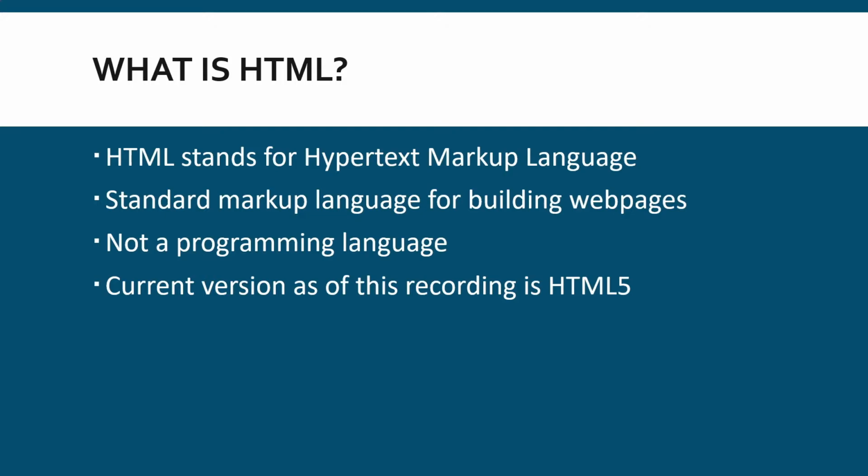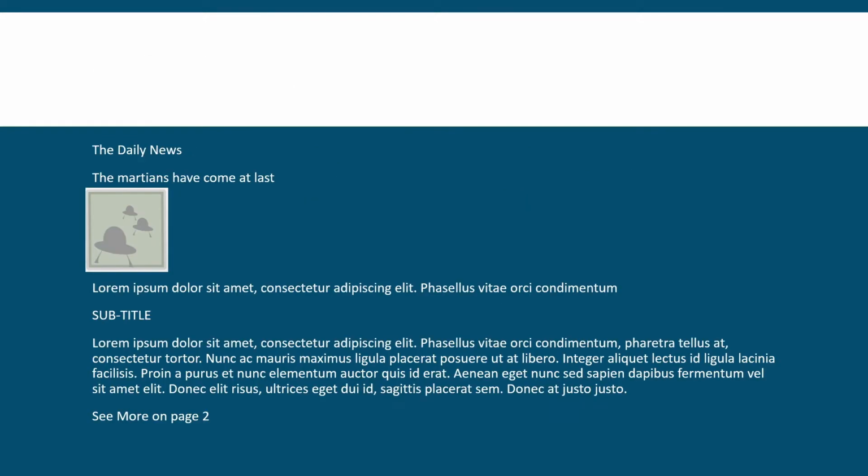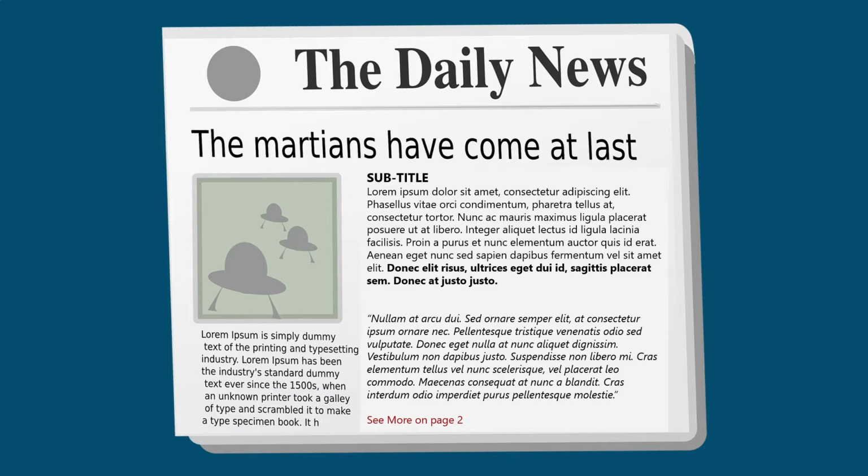So in simpler terms, hypertext means some text or object that we can use to link to another text or object. And markup means to format text or contents into paragraphs, headings, making it bold or italics. We can have something like this, and with HTML we can structure it to look like this, like a newspaper.